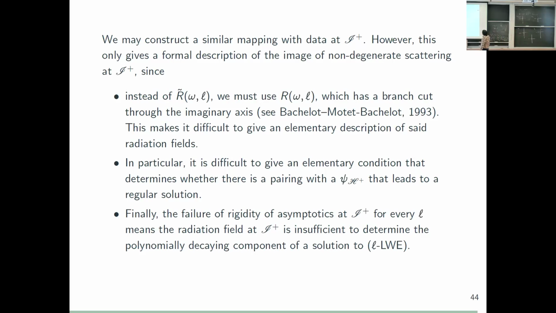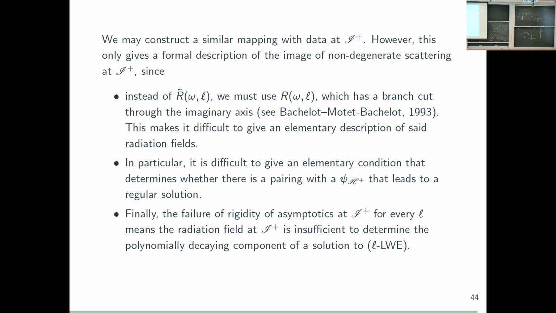So that's one obstruction, but then there's another one which comes from the difference between the analytic properties of R and R tilde. We are fortunate that R tilde has this gap between the singularities that allows us to prove everything that we've talked about. R tilde has this branch cut across the entire imaginary axis. So any combination of R and T, which will give us a certain radiation field in terms of what we're given at Scri plus, we will have to worry about those branch cuts.